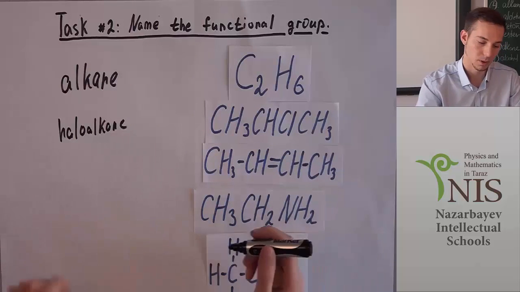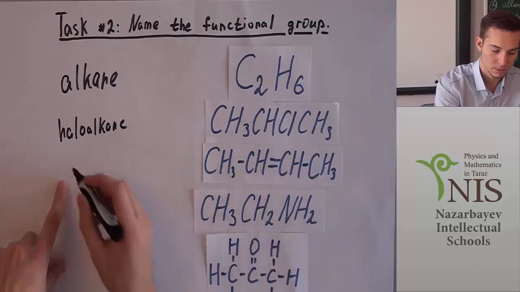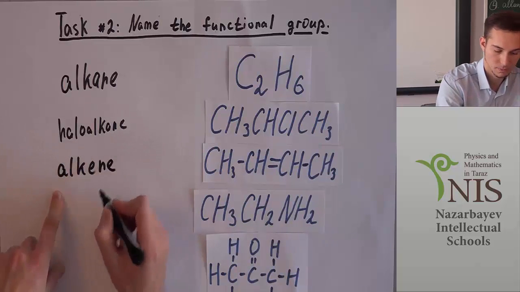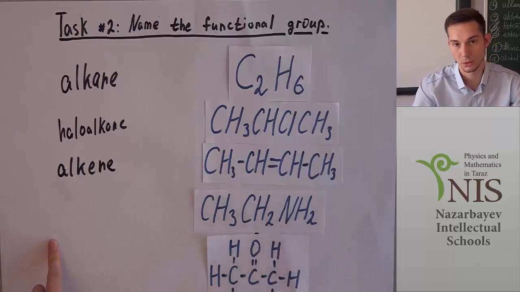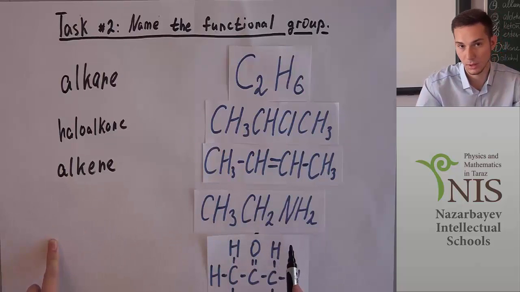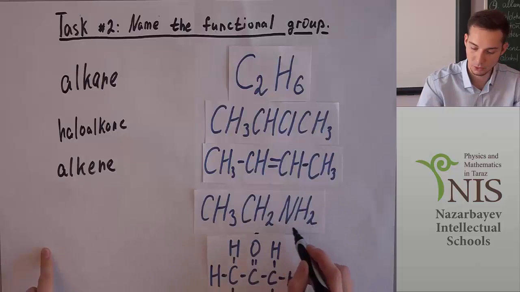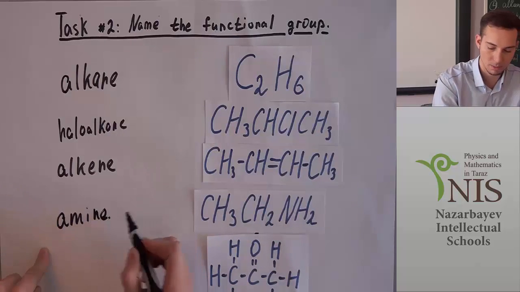If you remember from the previous slides, double bond is included in alkenes. Yep, this is an alkene. Next one, as I told you before, compounds that include nitrogen are amines. This functional group is for amines. So this compound will be amine.